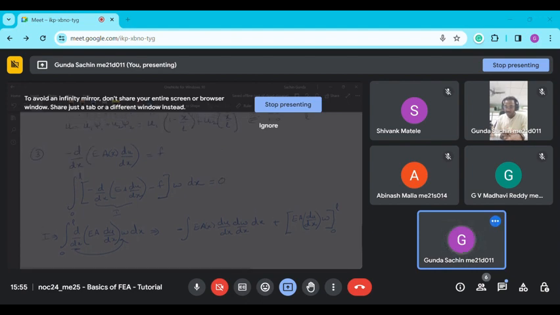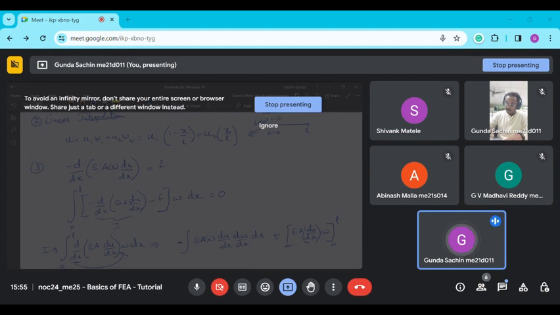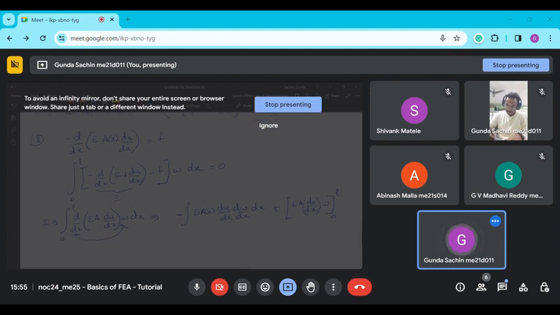Later we need to do this for all the elements and then make the assembly. So for one element in local coordinates it's 0 to L. I am just writing 0 to L everywhere.